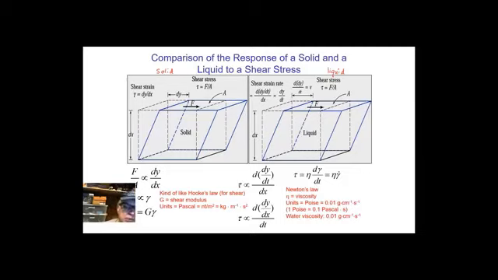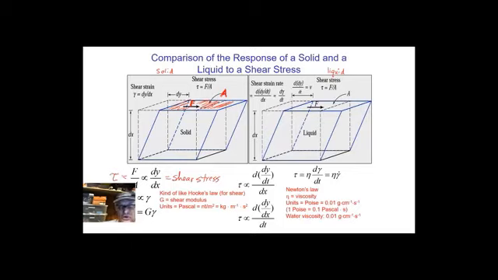So what we do is we're applying a force, F here, in that direction. And then this surface that we apply it to has area A. And we define tau to be F over A, the shear stress.